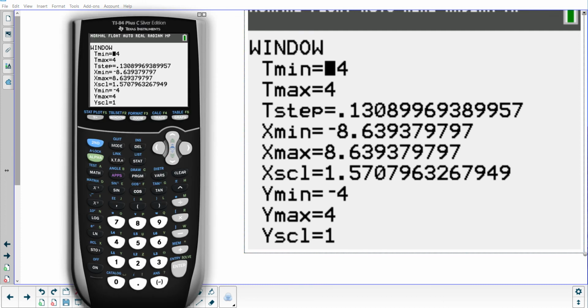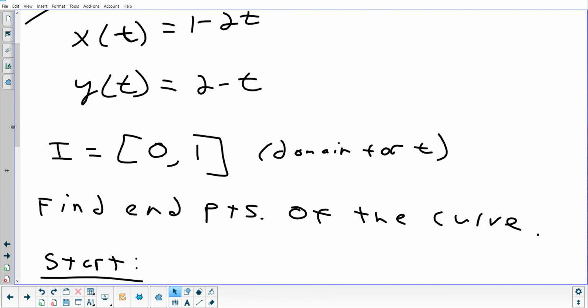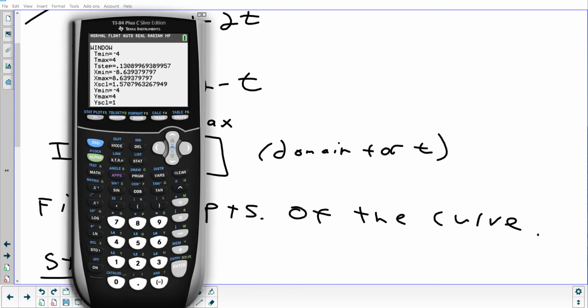Well, the t min and t max is your interval. This is the min. This is the max. So this is t max. That's t min. You have to type those numbers in as part of your window now. So we're going to put in 0 to 1.